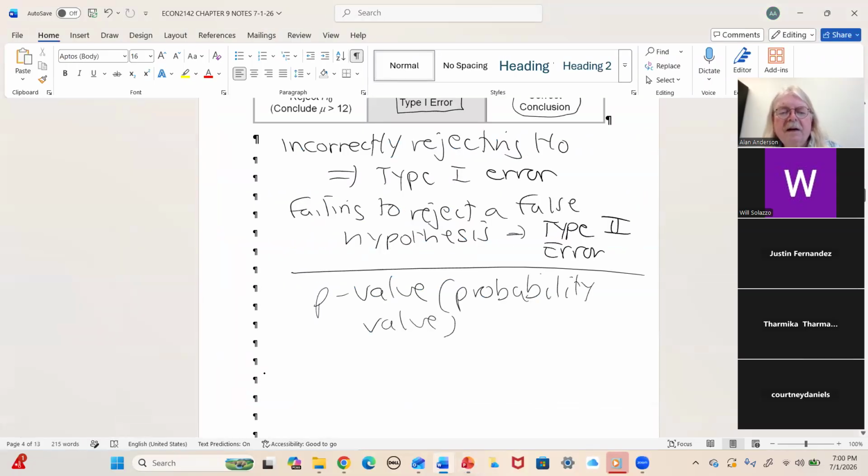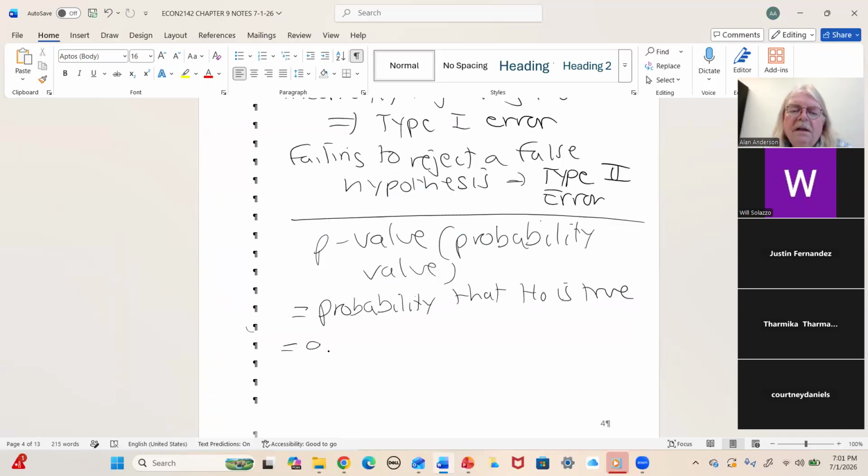So you could think of it as approximately the probability that the null hypothesis is true. We'll see how to calculate it later on. It's not that difficult.